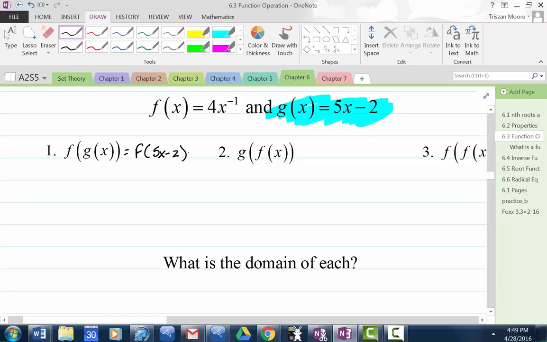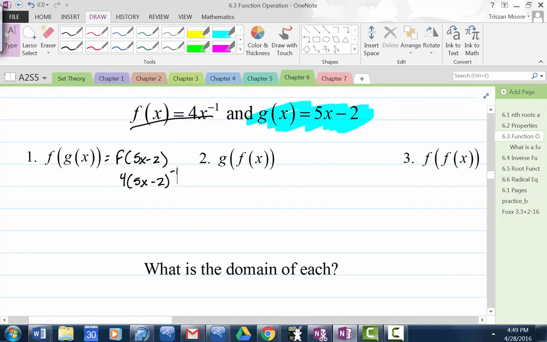And since that's the case, in f of x, it pretty much tells us that wherever you see an x, you just put 5x minus 2. So that means you're talking about 4 times 5x minus 2 to the negative first. Right?